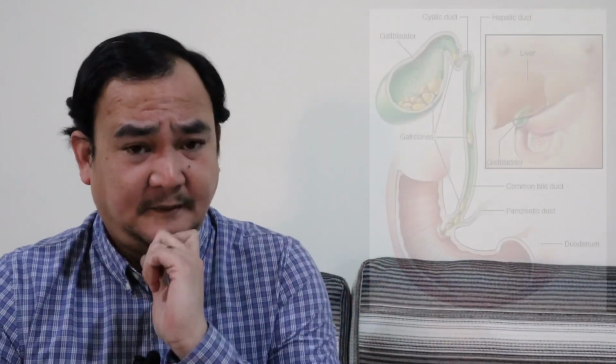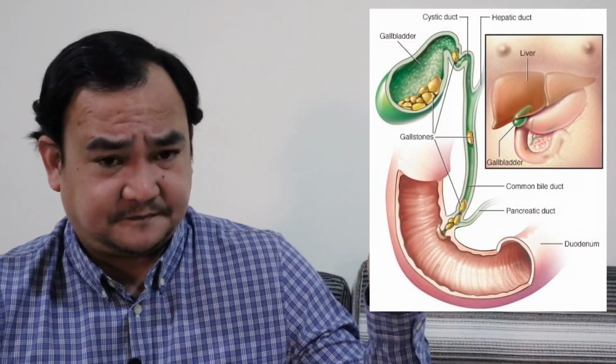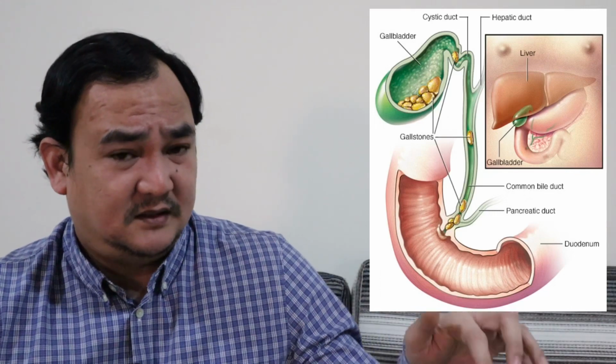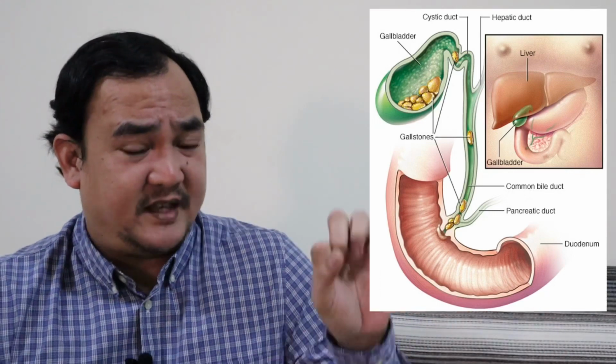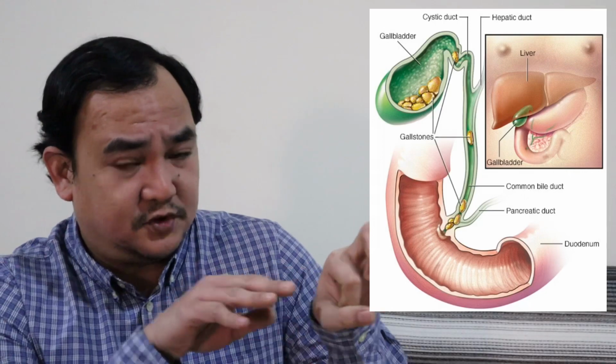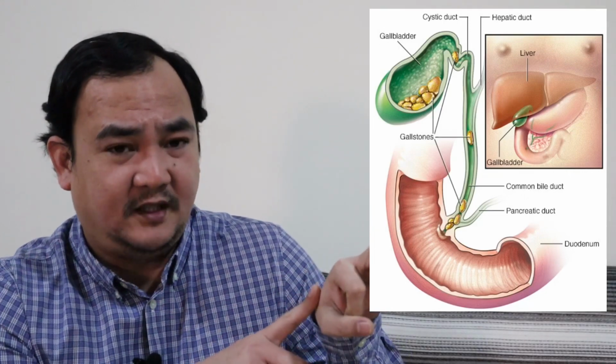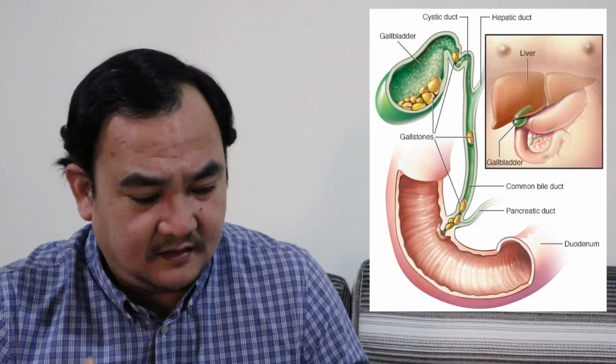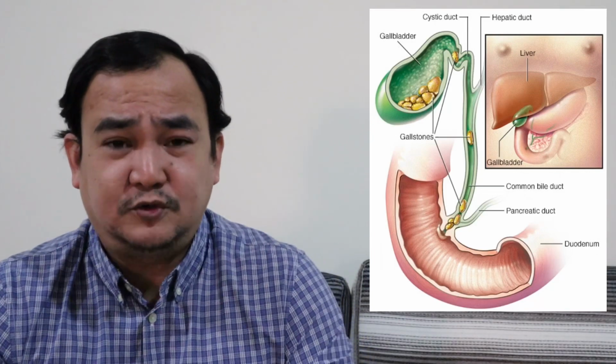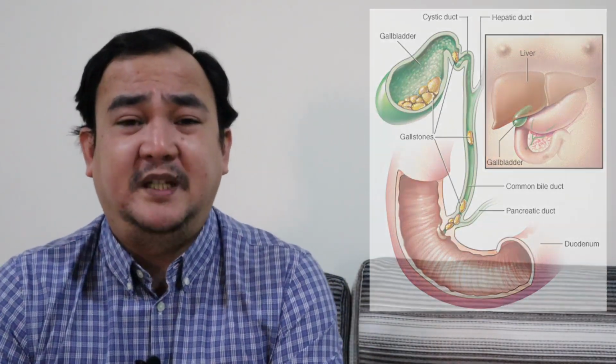Remember that picture. From the gallbladder going to the common bile duct, to the ampulla of Vater, that opening to the intestine is called the ampulla of Vater. And then it will go into our intestine and be removed through defecation.